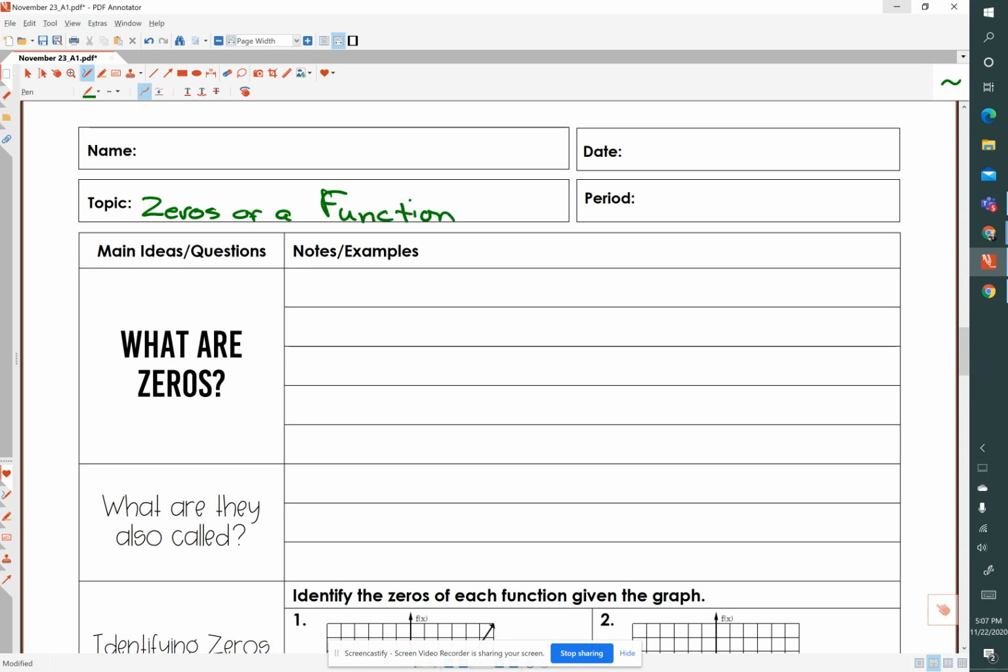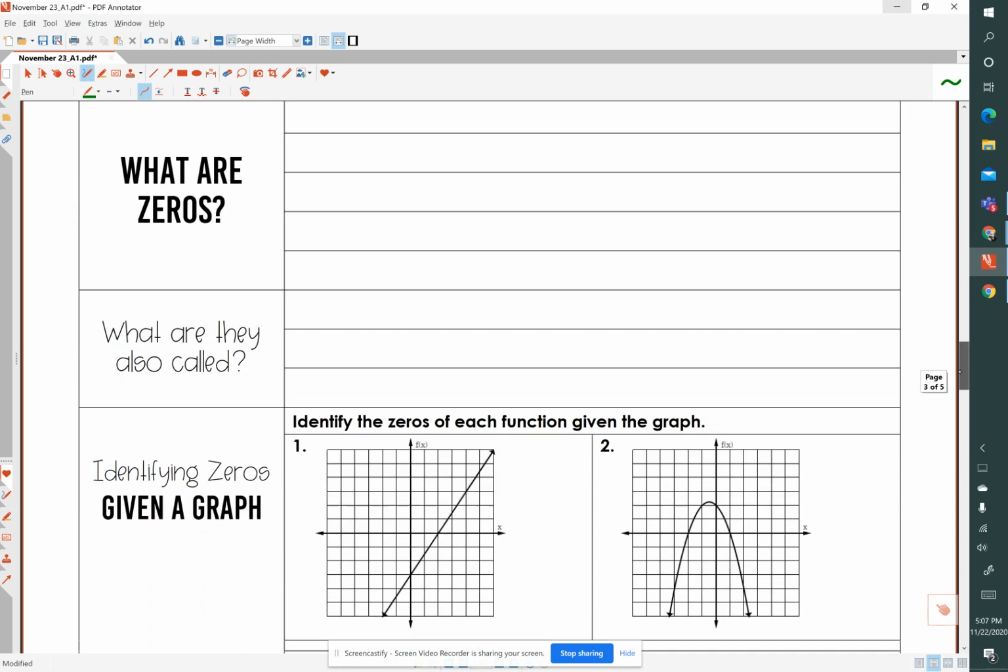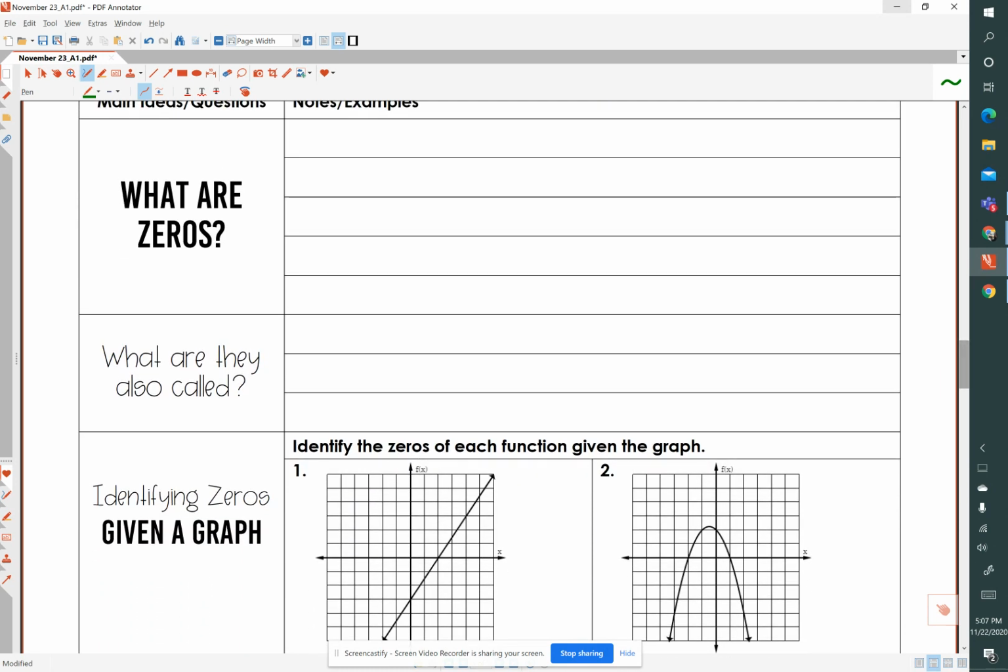Okay, so what are the zeros of a function? The zeros of a function are, and we can think of this graphically and we can think of it algebraically. So let's start with the graph. So graphically, it's the points at which the graph crosses or intersects the x-axis.